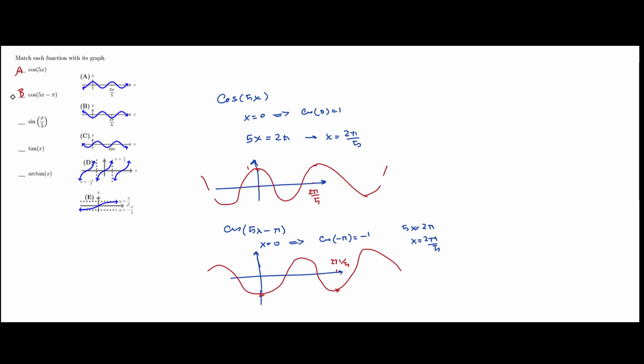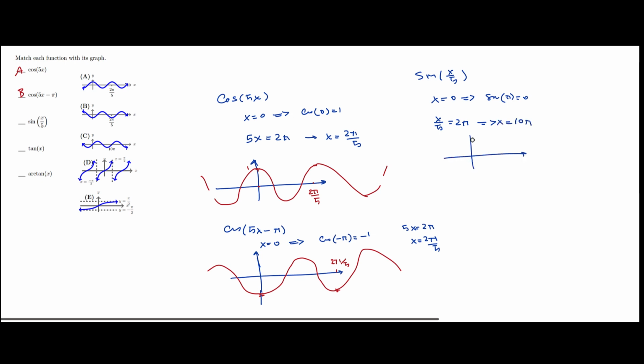Now let's try to do sine of x over 5. In this case, if I plug in x equal to 0, I get sine of 0, which is 0. And then x over 5 equal to 2 pi gives me x equal to 10 pi.